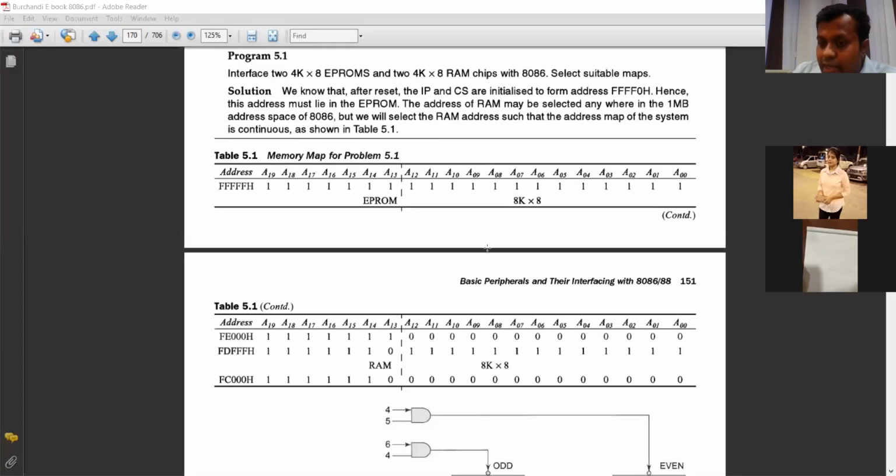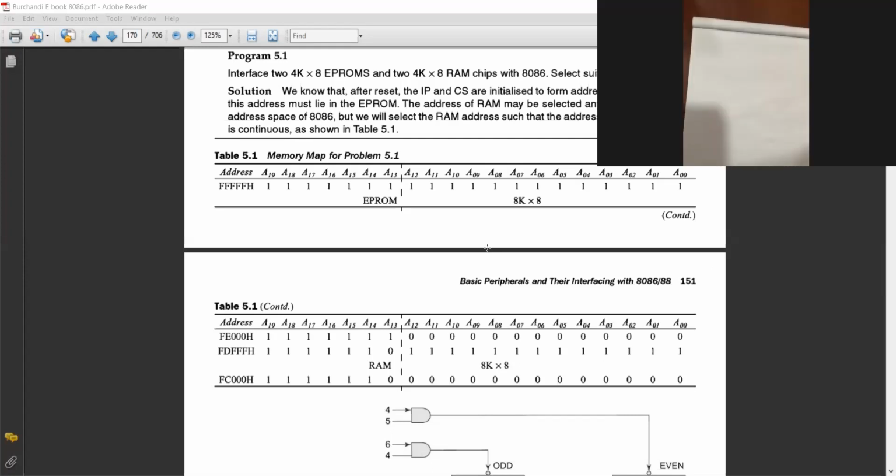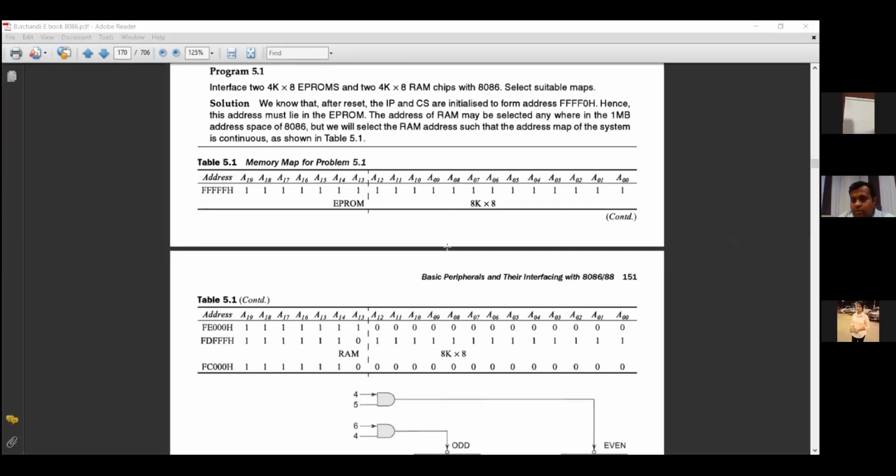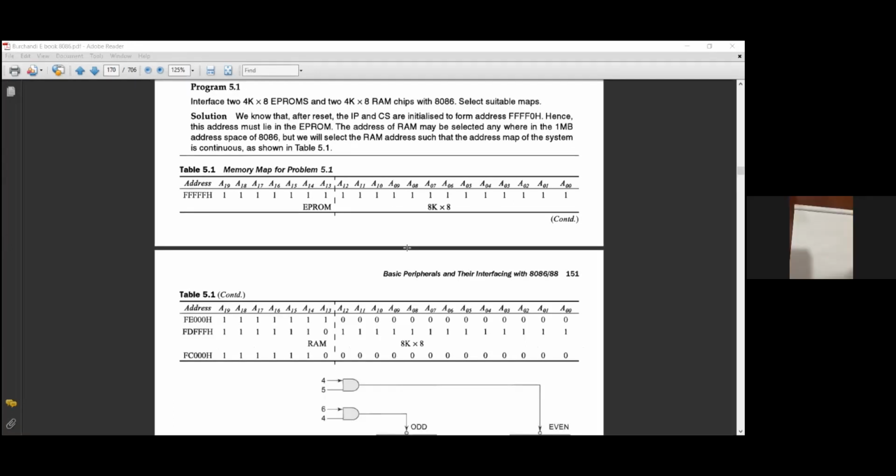So first, just see in these questions, just see the interface: 4K into 8, 4K into 8.